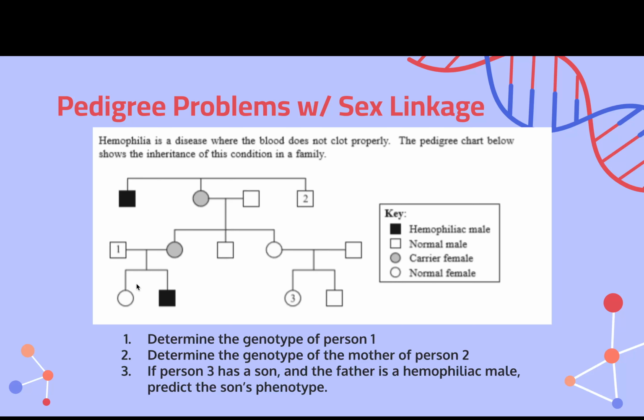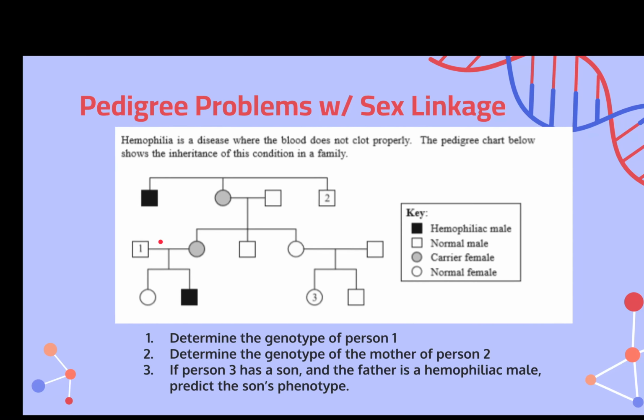For her to have both of those means that she got the good one from her mom, and that means that the dad also has the normal X chromosome. So that would mean that the dad was unaffected, an unaffected male. It would be a normal male. Does that make sense?